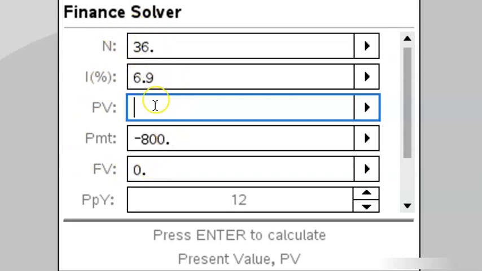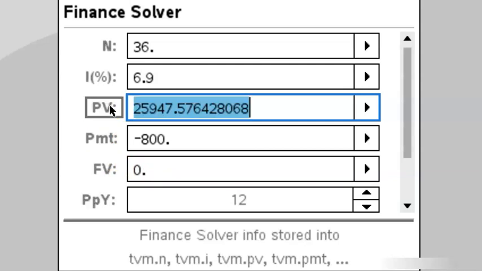So the only thing that has changed, we're now adjusting, we want our future value 0, and we're going to solve for the starting point of that scenario. And so we get there a principal value, or a start point, of $25,947.58.